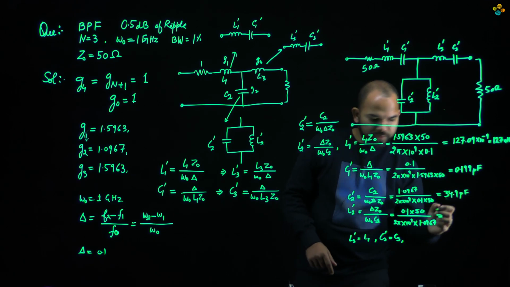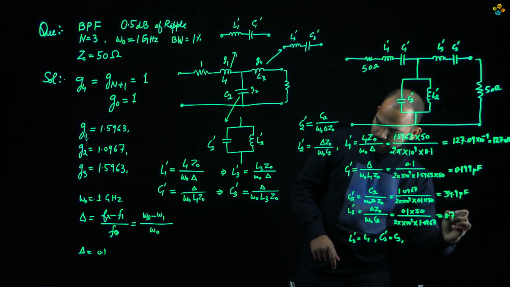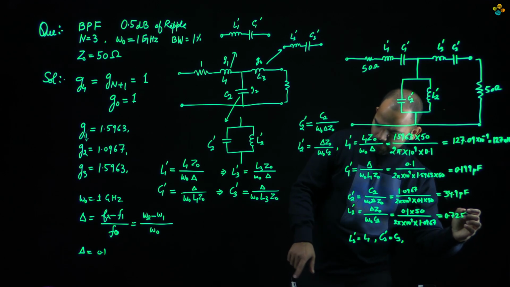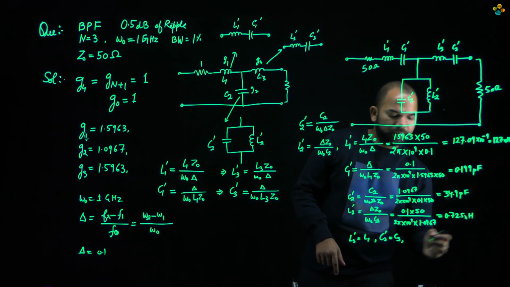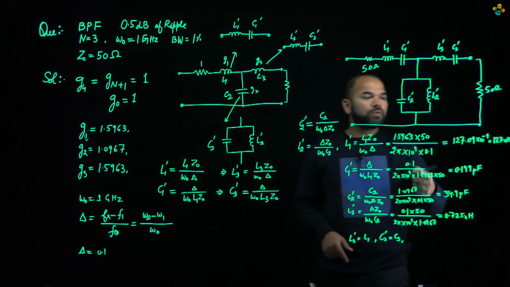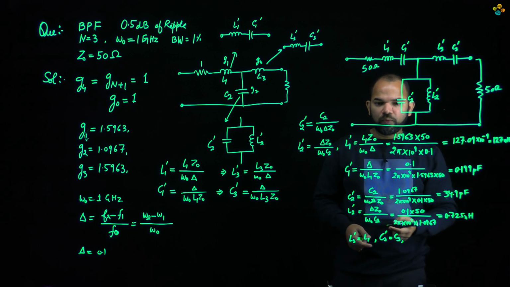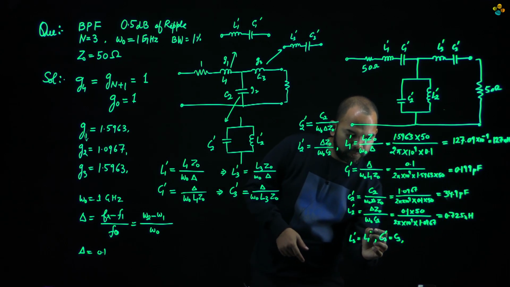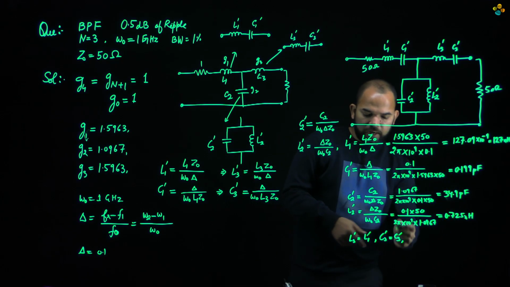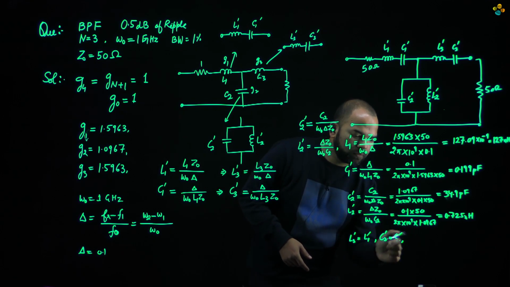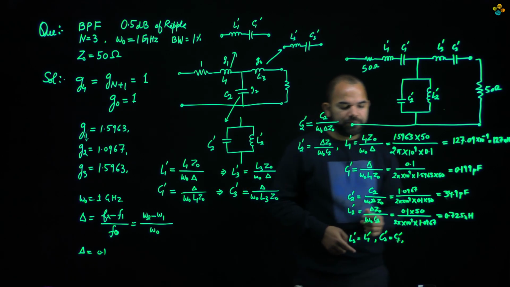And these values, L3 dash is equal to L1 dash, and C3 dash equals C1 dash.